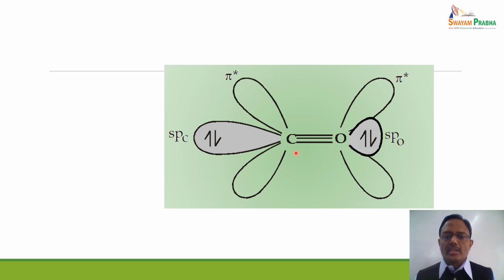As a result, this carbonyl molecule or carbon monoxide molecule has negligible tendency to donate from this side, but has a very strong tendency to donate this lone pair of electrons, because it is diffused and much away from the carbon atom.